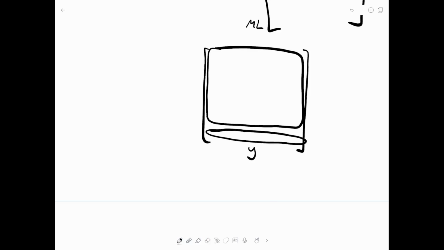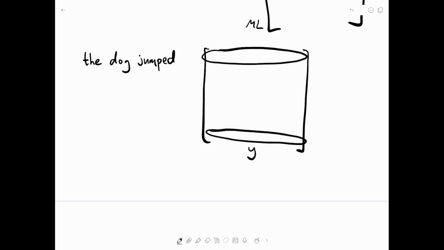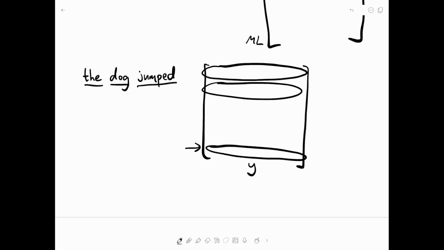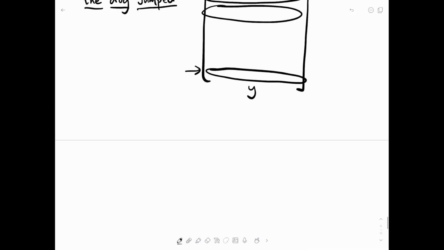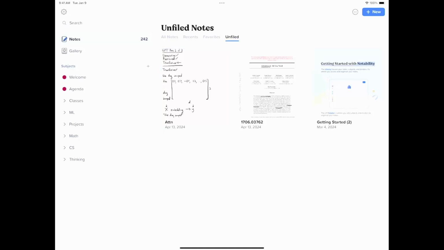So if we have the sentence "the dog jumped," this will still be the probability vector for the word following "the," and this will be the probability vector for the word following "dog," and then only the last row of this matrix will be the probability vector for what follows after the word "jumped." Okay, so that's essentially the transformer architecture.